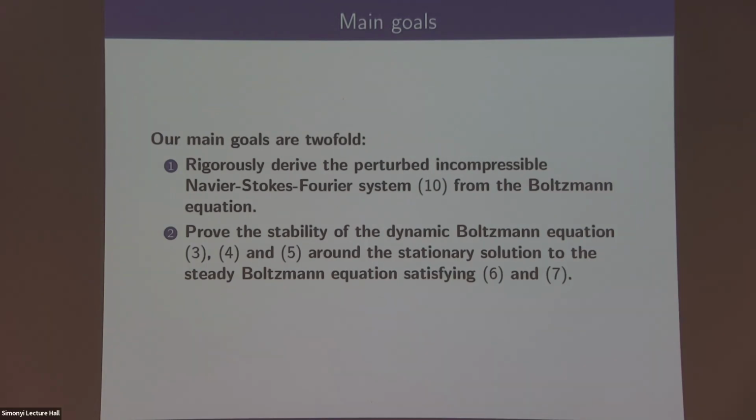So in a sense, if you prove the existence of solutions and you send epsilon to 0, and your estimates are uniform in epsilon, then you can say that you have derived a solution to the Navier-Stokes-Fourier system from the Boltzmann equation. And our second goal is to prove the stability of the dynamic Boltzmann equation around the stationary solution to the steady Boltzmann equation, satisfying the boundary conditions that were on the previous slides.